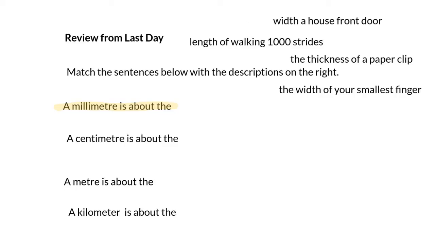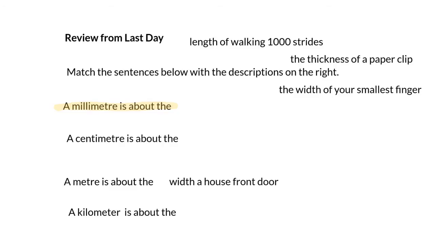So I'm going to look at the width of a door. It's too big for a millimeter, too big for a centimeter, and too big for a kilometer, no, it's not the width of the house front door.